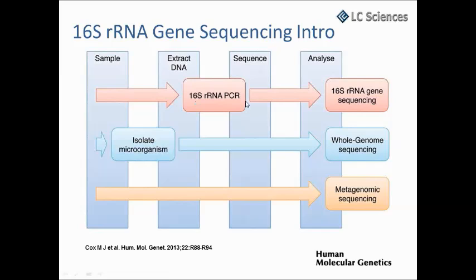And based on the variable region of the 16S rRNA gene, we follow the alignment to the database of the 16S rRNA gene. We know what species, what genus, of all the microorganisms inside that sample. So we call this method 16S rRNA gene sequencing.